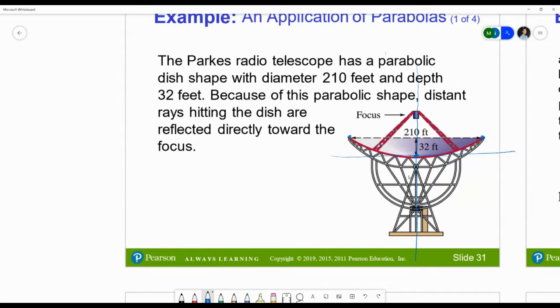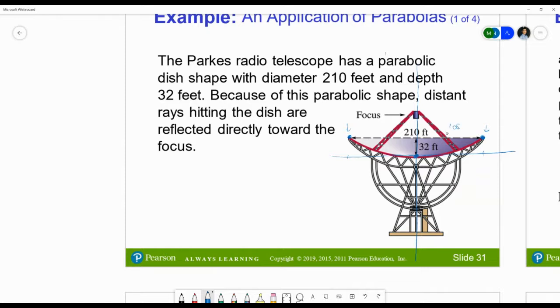Now, do I know what these two points are equal to? The problem would be easier if you figure that out. You said it earlier, that's half the distance, so this is 105.